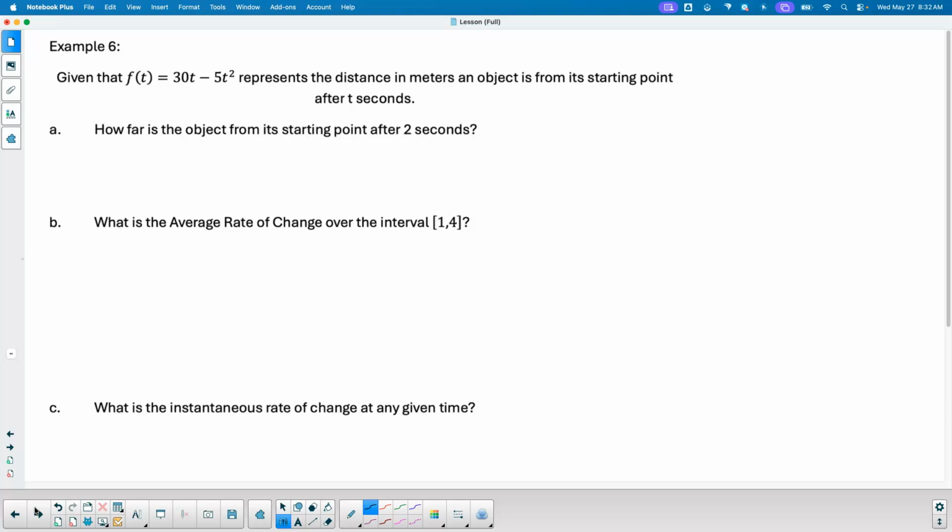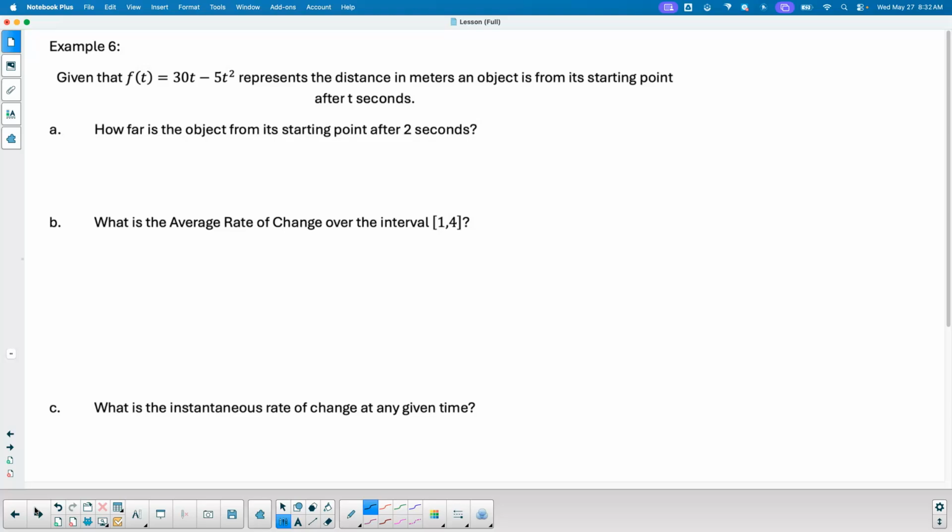What do we do? Plug 2 in for t, in f of t, in our original function. Nothing other than just plugging in 2. Don't have to do f of 2 plus h minus f of 2, all that fun stuff.